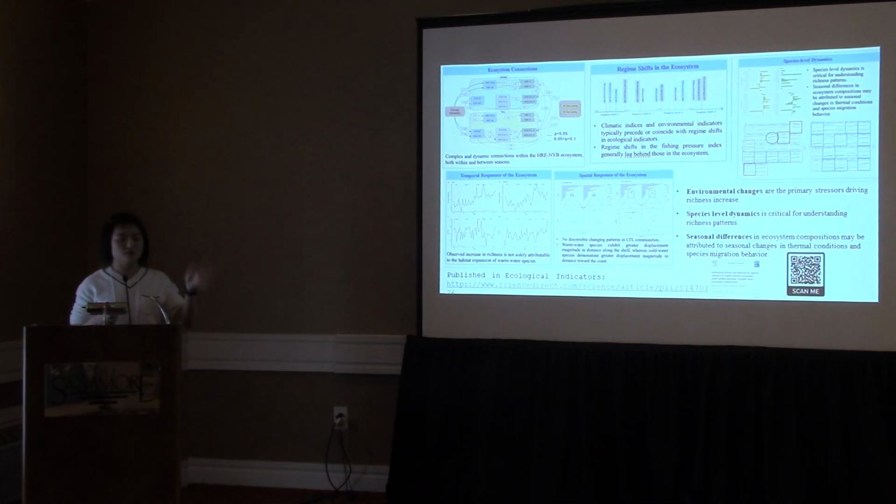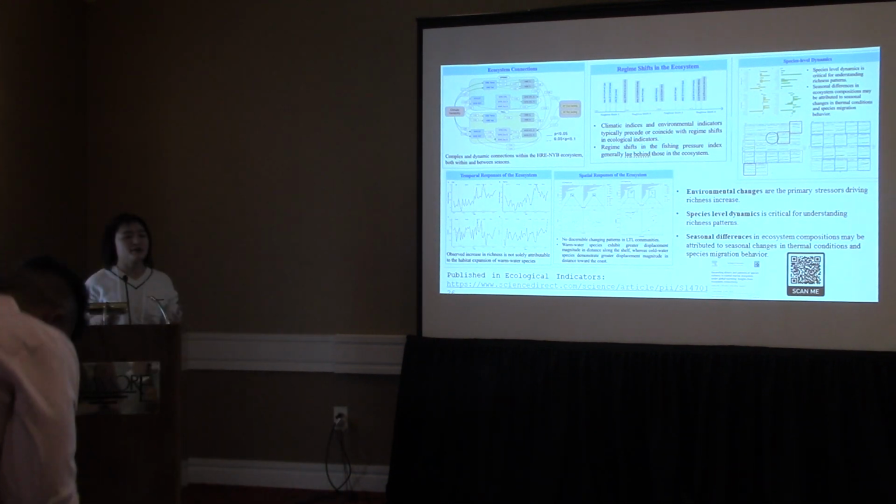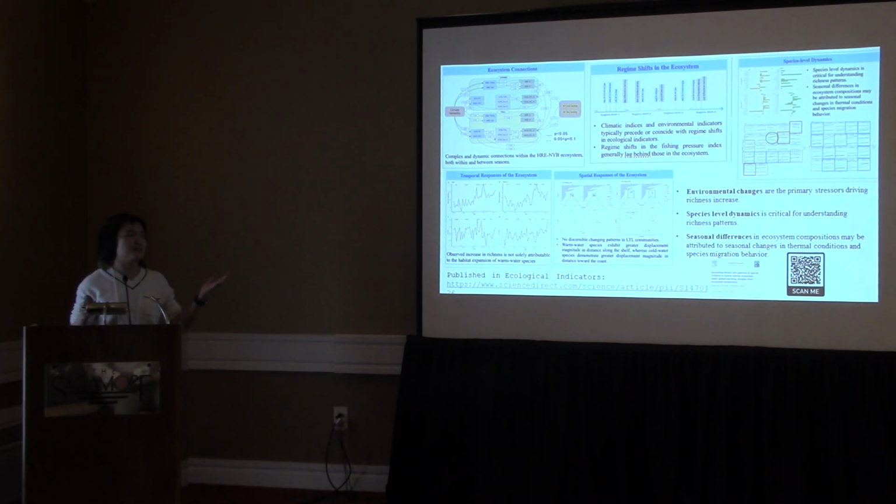In addition to those evaluations, we found that we need to also look into the species level dynamics, because now we found that increasing temperature is not the only reason that lead to the increased richness. So we conduct the species level dynamics by examining their changes in their biomass and also changes in their distribution range.